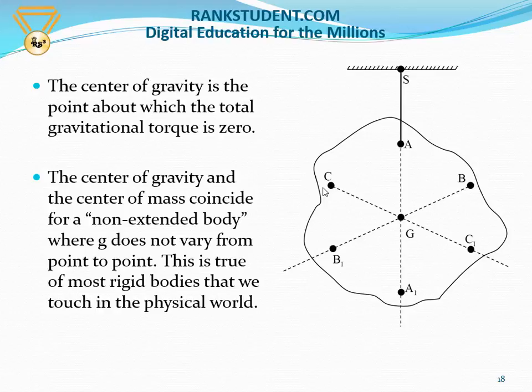This is true of most rigid bodies that we touch in the physical world. The center of gravity is usually located by hanging the body by a string at various points, and these directions in which the body is hung intersect at the center of gravity, as illustrated in the diagram on the right-hand side.